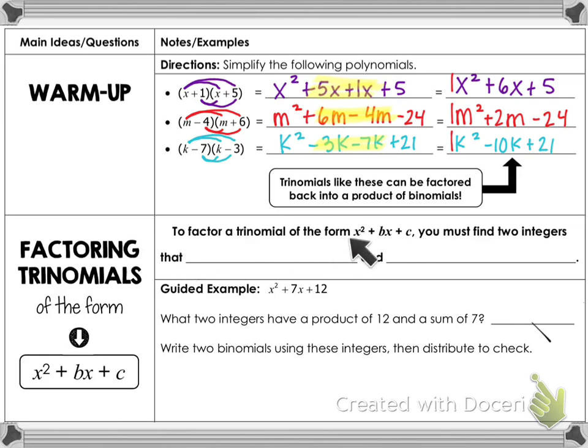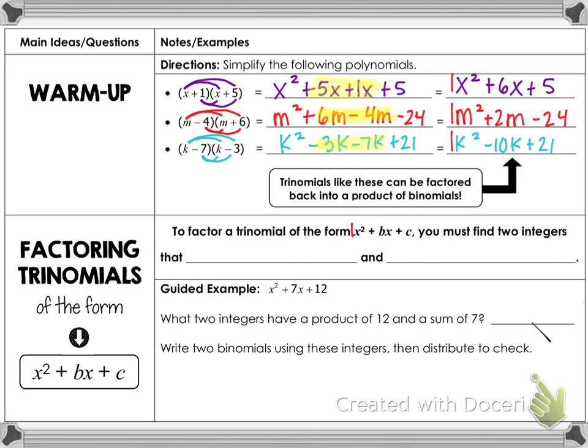To factor a trinomial in this form, you see how it doesn't matter what b is and it doesn't matter what c is, right? This would be like the b and this would be like the c. But what do you notice is in front of that squared term? It's a 1, isn't it? Just like here is a 1, just like here is a 1, just like here is a 1. So this is important. To factor a trinomial in this form, technically with a 1 here, you can think of it as 1x squared. It doesn't matter what these terms are.